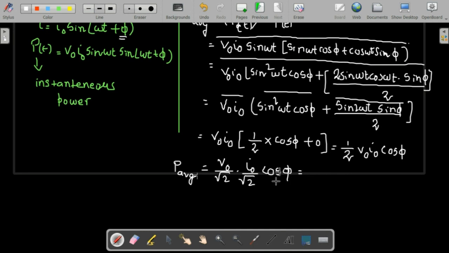So that means I can take this to be V naught by root 2, so this is VRMS, and I naught by root 2 is IRMS, already calculated, into cos of phi. Okay. This cos phi we actually have is the power factor.